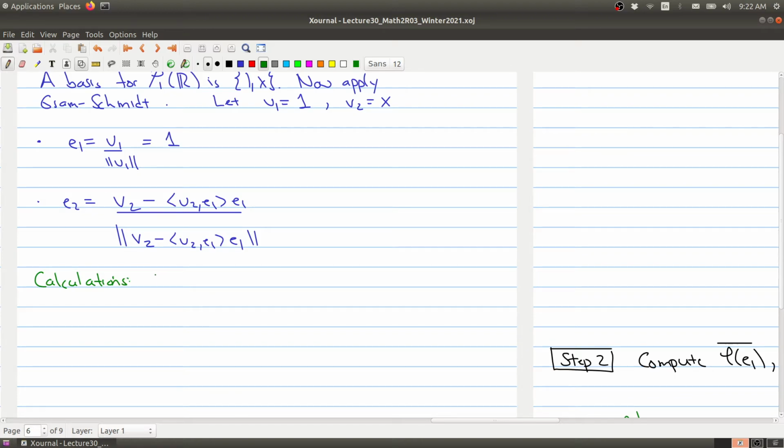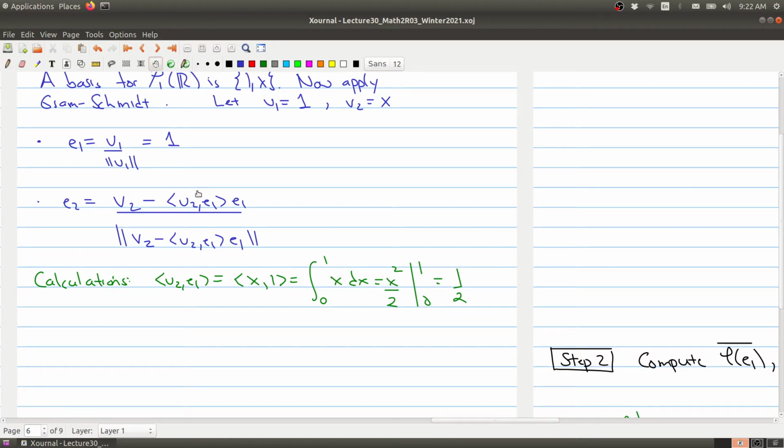First of all, I need this inner product of v2 and e1. So v2 is x, and e1 is 1 from above. And so we have to integrate from 0 to 1 of x dx. You can probably do this in your head. This is x squared over 2 from 1 to 0. So that gives me 1/2.